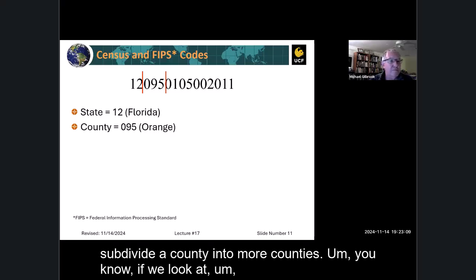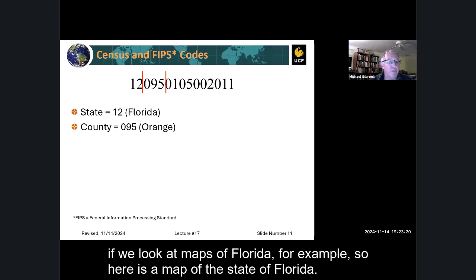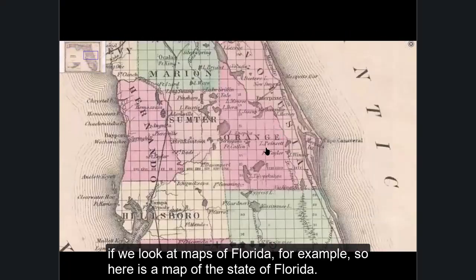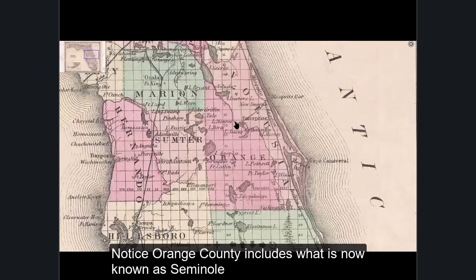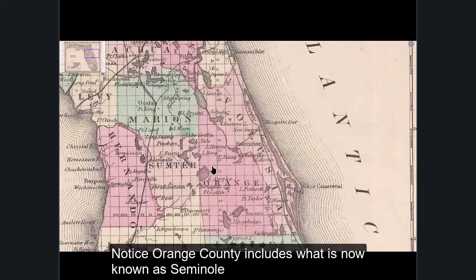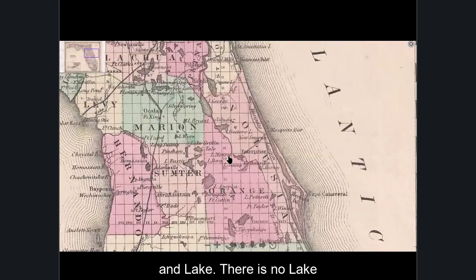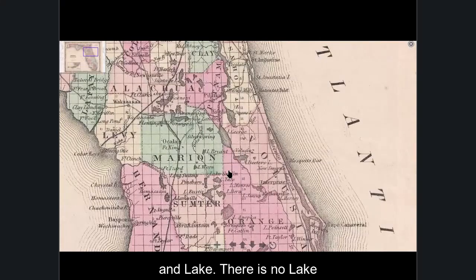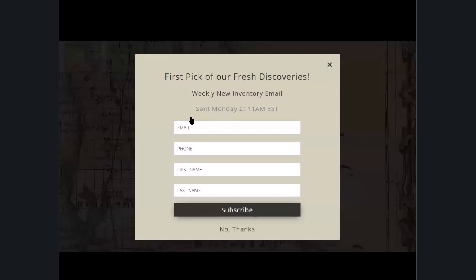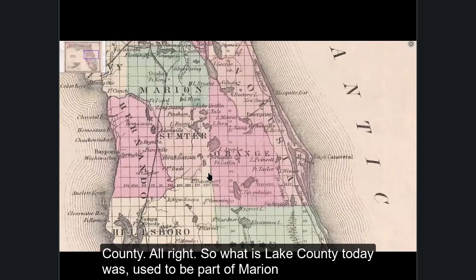If we look at maps of Florida, for example, so here's a map of the state of Florida. Notice Orange County includes what is now known as Seminole and Lake. There is no Lake County.